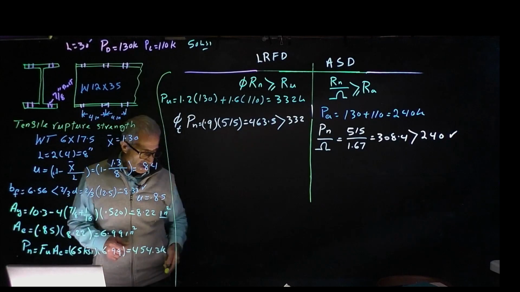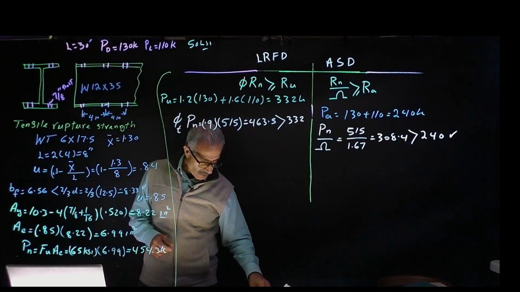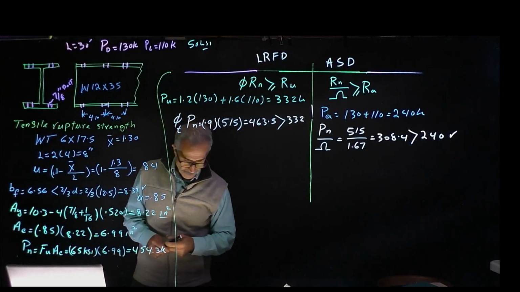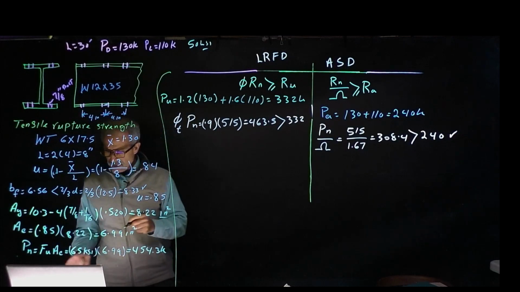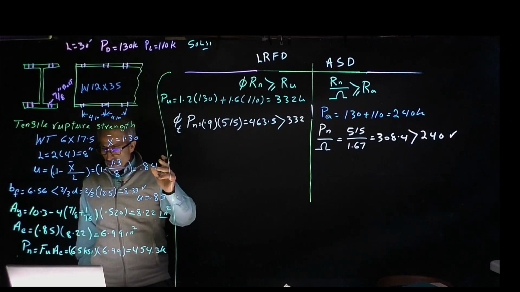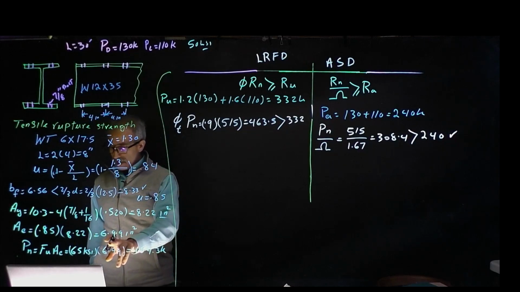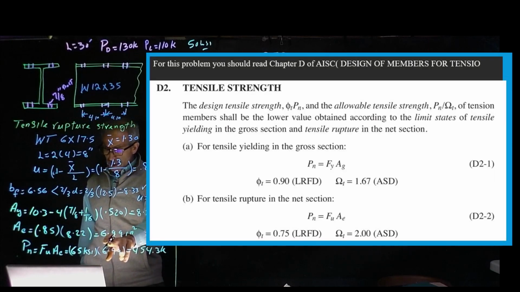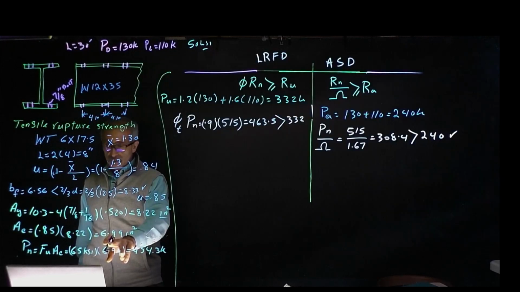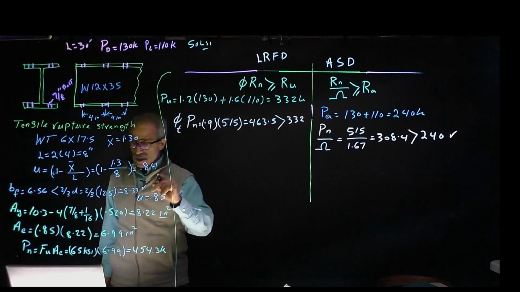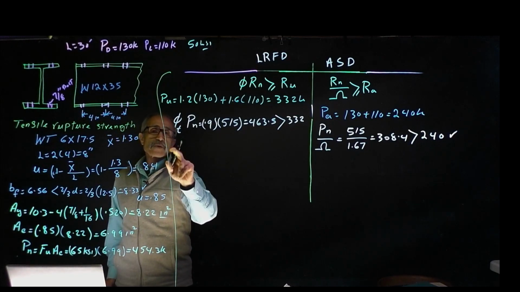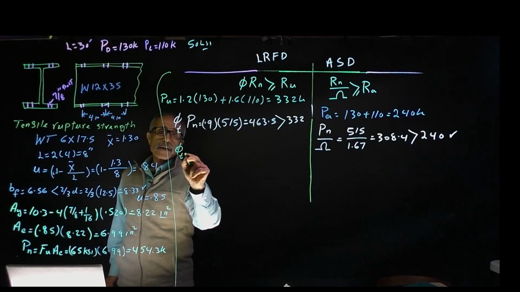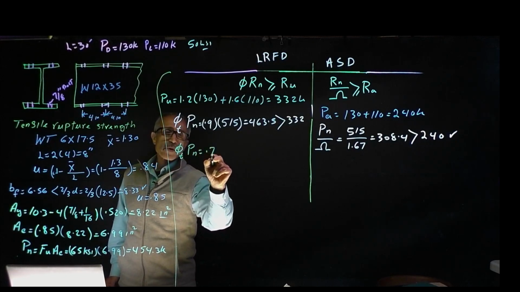We're going to go back up here, and from there we can go ahead and calculate our phi times PN. Again, now with this one, because we're doing the rupture case, our phi T comes out to be 0.75. Be careful of that. That was for tension, this was for rupture, so I'm going to say phi T times PN, which is 0.75.